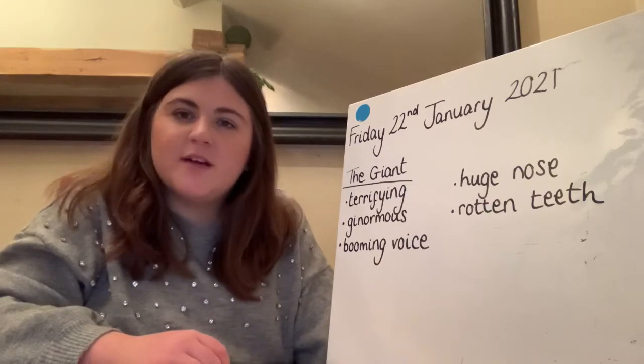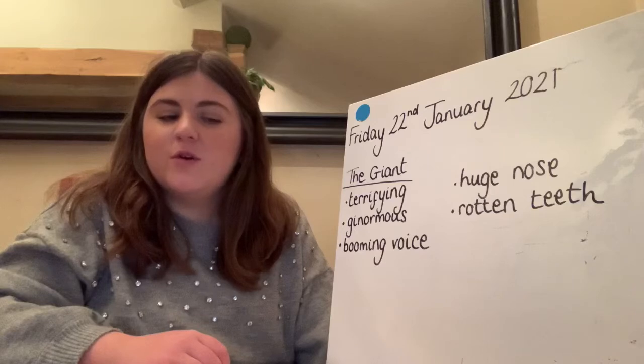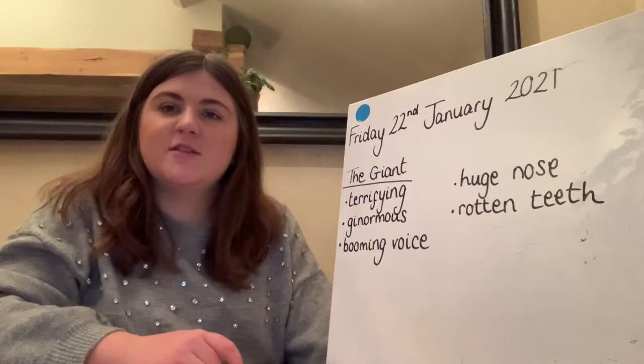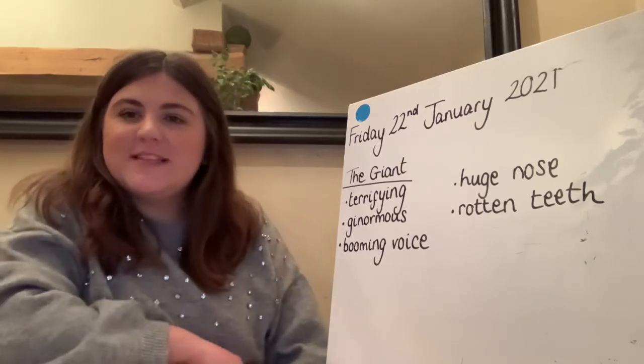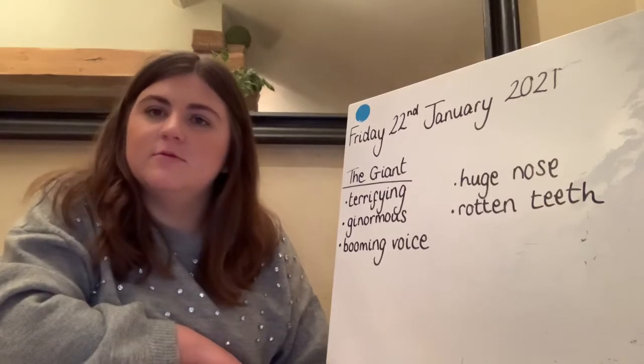Today we're going to write character descriptions for a character from the story Jack and the Beanstalk. Now, we've already had a go at writing some character descriptions in our writing lessons at school.